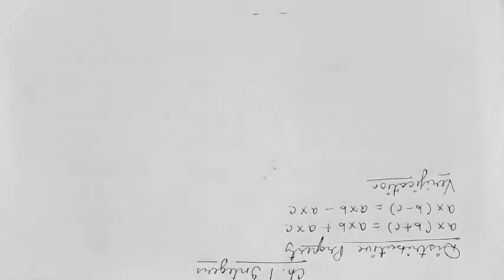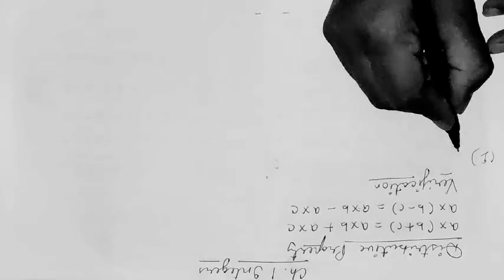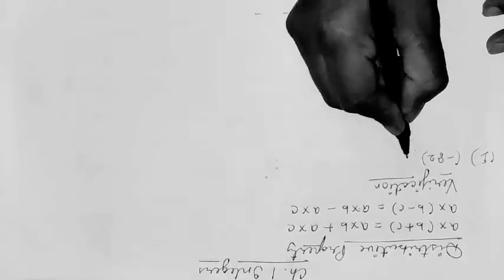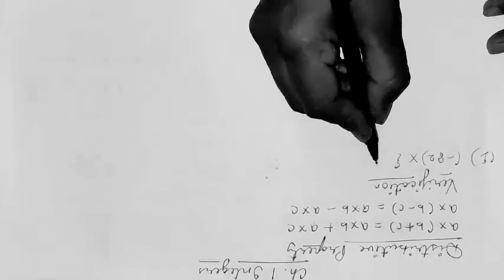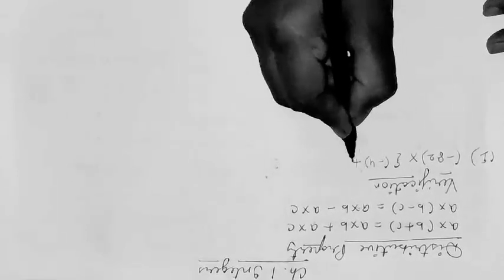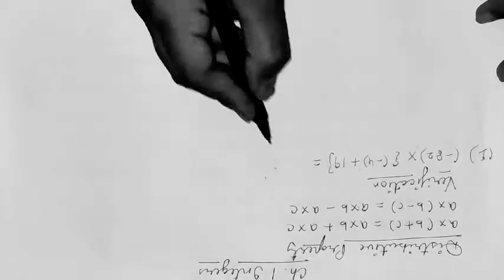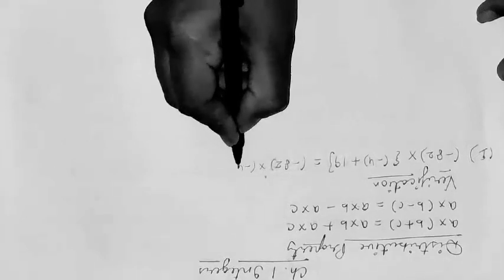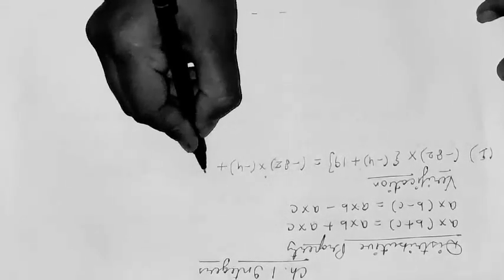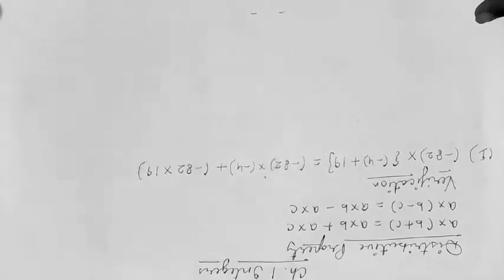So let me take the first. First is minus 82 multiplied by {minus 4 plus 19}, and this is equal to minus 82 into minus 4 plus minus 82 into 19.